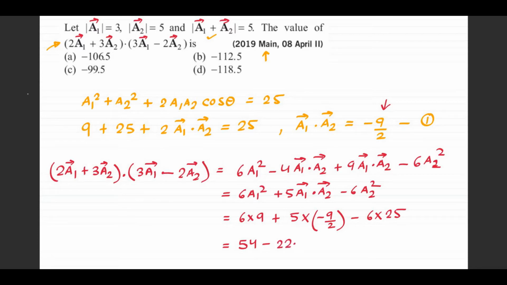This will be 22.5. Right? If you solve this, this will turn out to be minus 118.5. And hence that matches with our option D. That is our required option. Fine.